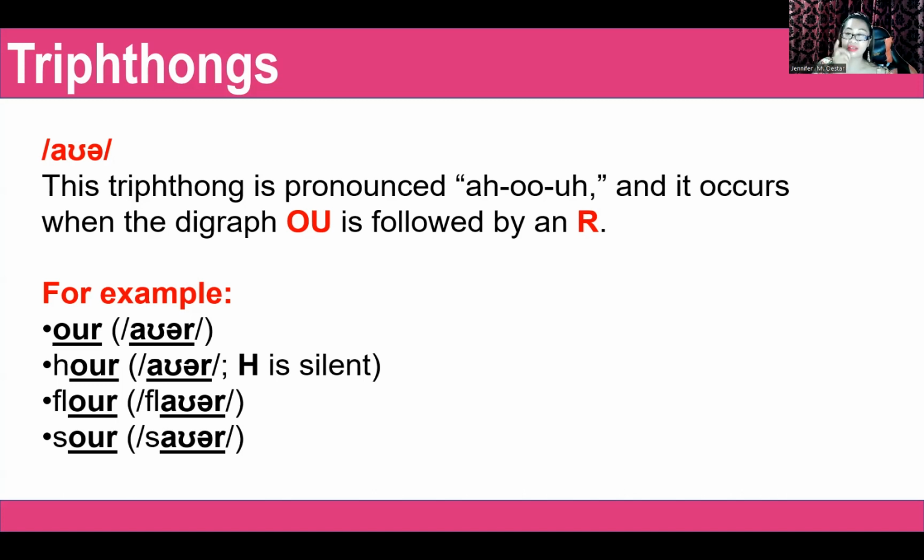I will repeat, this is not R, but hour, following the triphthong. So hour, with the silent letter H; the flower, which means a baking material, not the flour or the bulaklak; and the sour, since we have three sounds in one syllable. That's why it's called a triphthong.